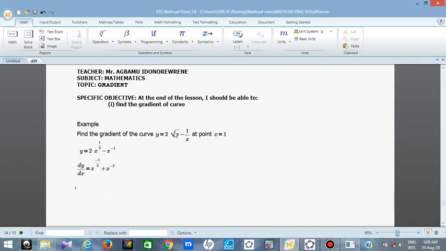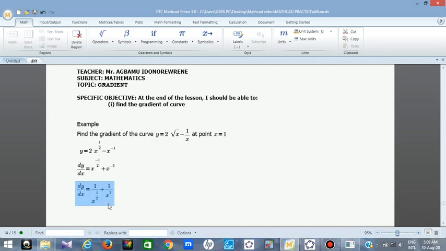So let me put it in this normal form now. Then we have dy/dx will now be equal to 1 divided by x raised to power half, plus 1 over x raised to power 2. So that is this side.